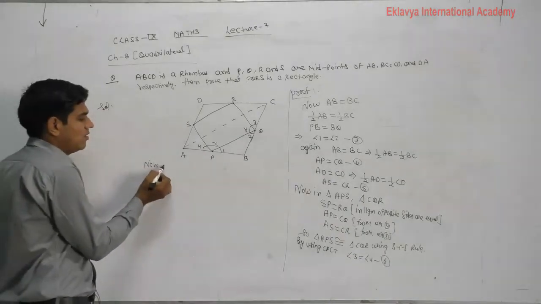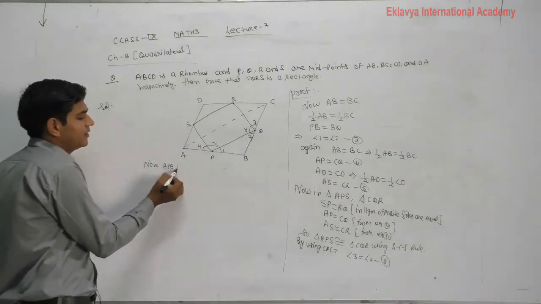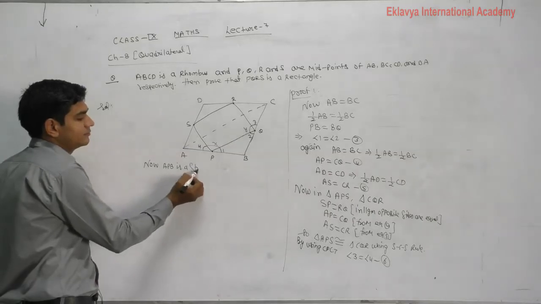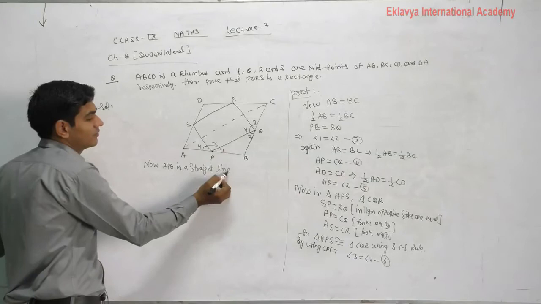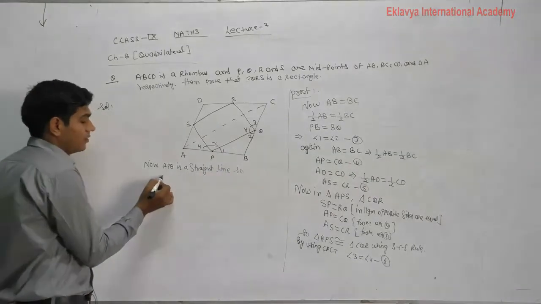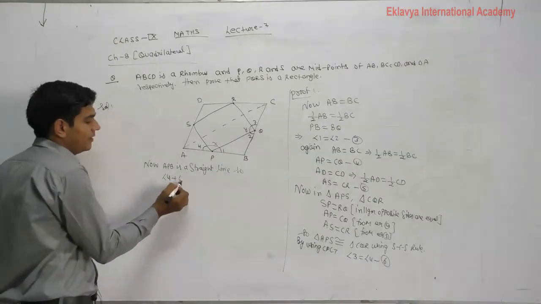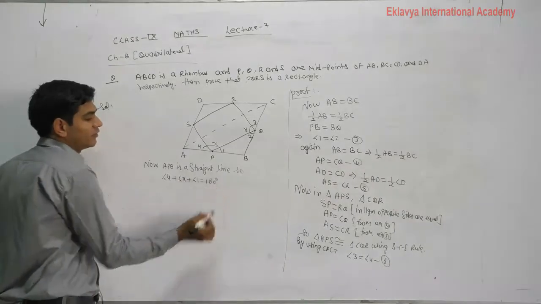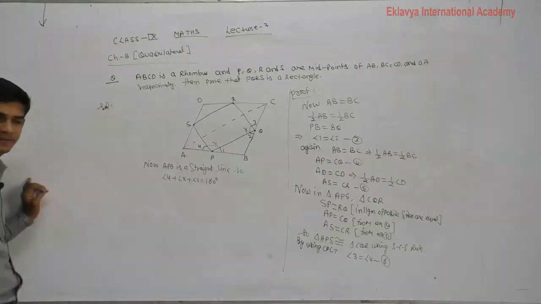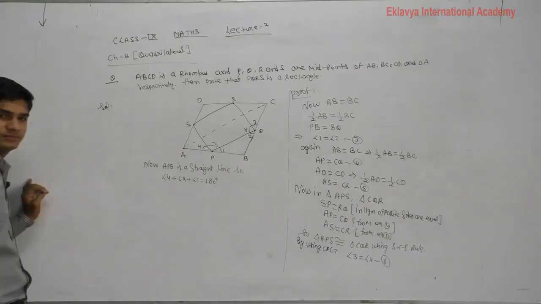Now APB is a straight line. So angle 4 plus angle x plus angle 1 is equal to 180 degree. Any problem?